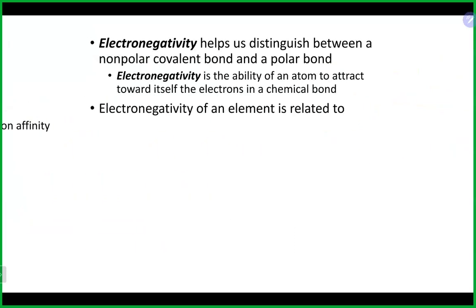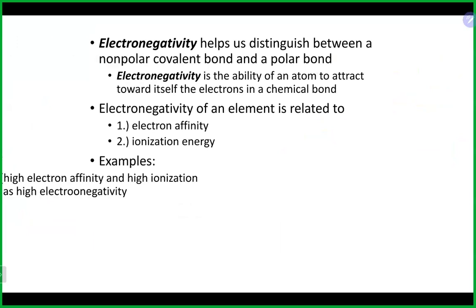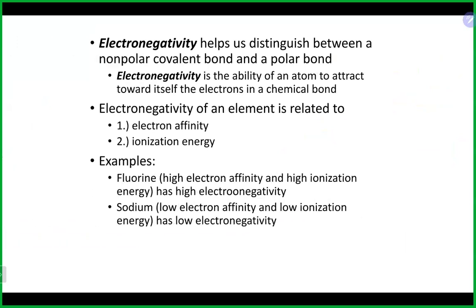So as I mentioned, electronegativity really is the overwhelming thing that we look at in terms of whether or not these electrons are going to be shared equally or not. It's related to electron affinity and ionization energy. Remember, ionization energy is the energy required to remove an electron, and electron affinity is the energy change that occurs when somebody gains an electron.